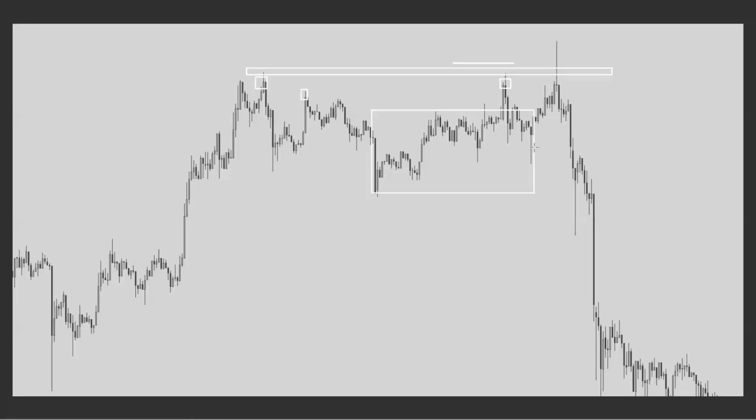So there are simply less buyers below price, less liquidity for anyone who got caught out up there to offload their longs to. That's why when price breaks or fails to break one end of the range, it will very often move back down and through the other end of the range. So if I'm trading a sideways market, that will typically be my first target, the other side of the range.